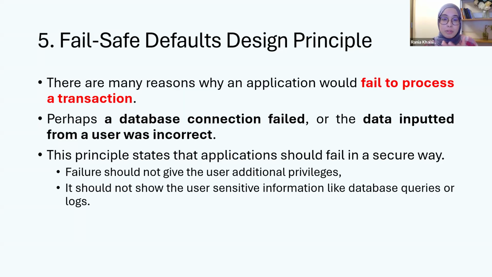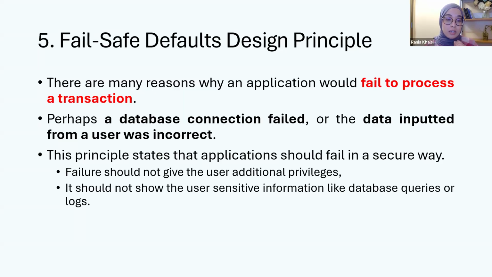From a security perspective, it is always safer to deny access by default when something goes wrong rather than allow it, okay? So failing safely helps prevent attackers from gaining useful information or unintended access during error conditions, okay? The main idea here is: when things break, security should not break with them, okay?